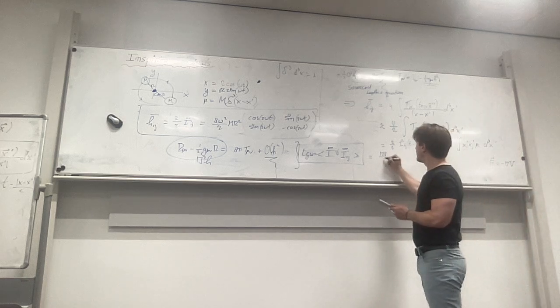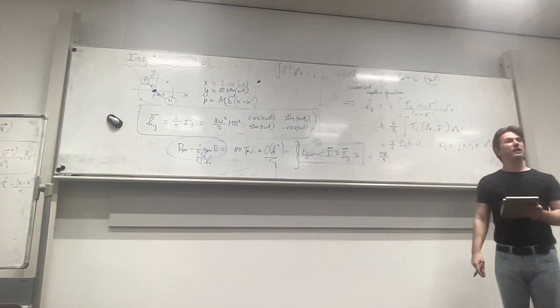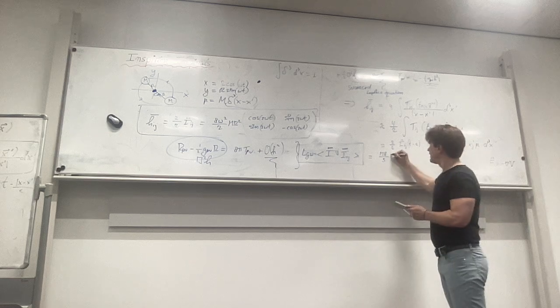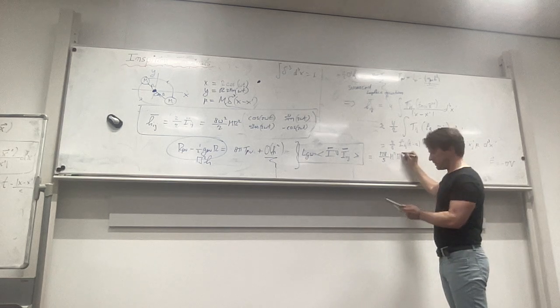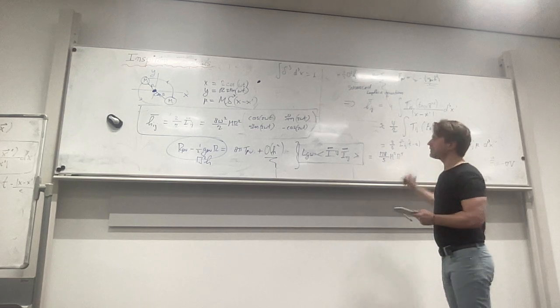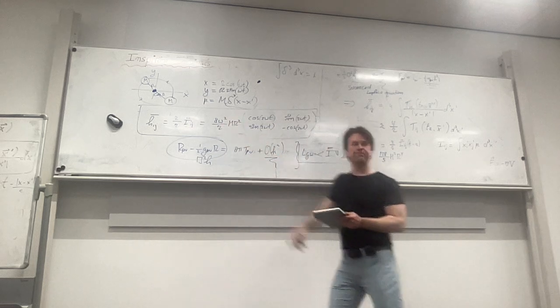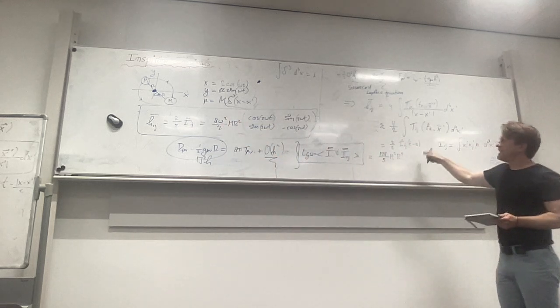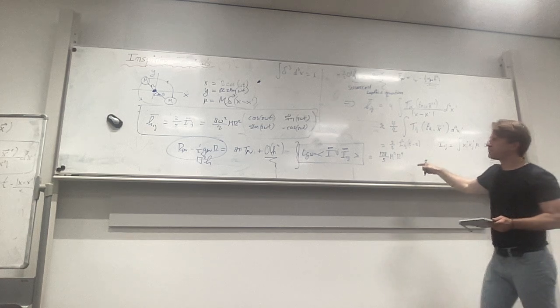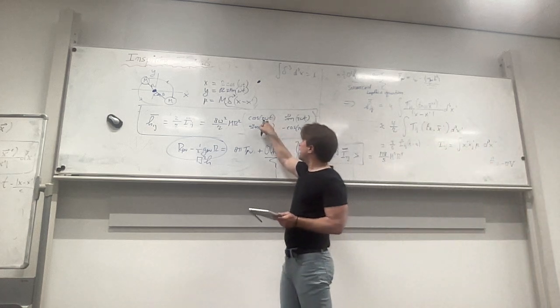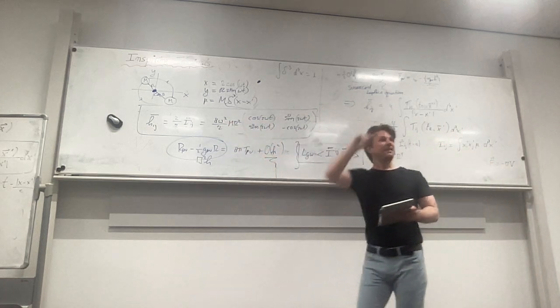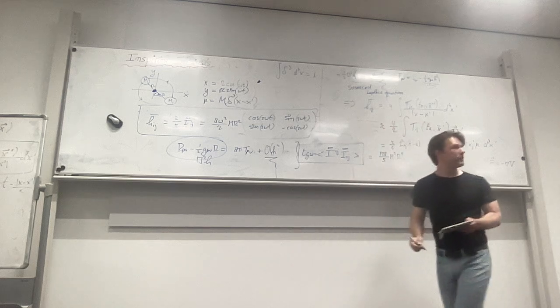You are going to get 128 over 5 times m squared times r to the 4. That comes from here, right? You have to square this thing, m squared r to the 4. And because you're taking yet another derivative, you're going to get yet another omega in front, and that gets squared. So you're going to get an omega to the 6.